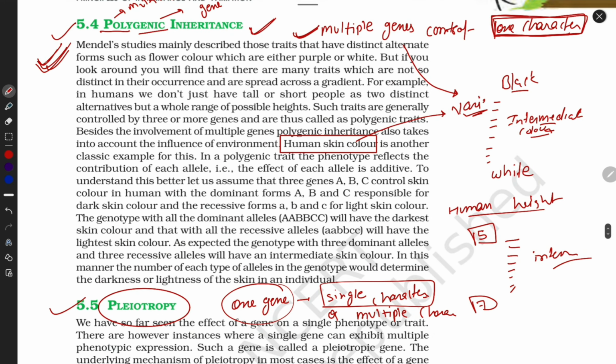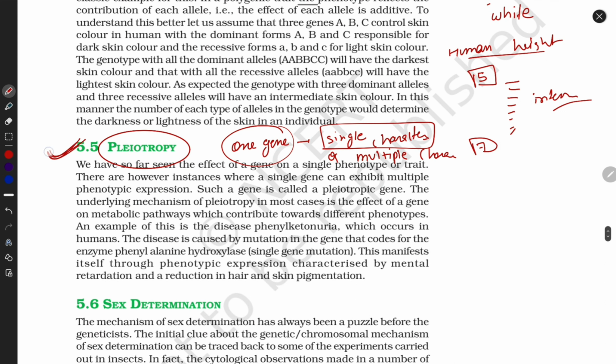What about polygenic? There, multiple genes control one character, but here the concept is opposite: only one gene controls many characters. So this is pleiotropy. And what is the example of pleiotropy?